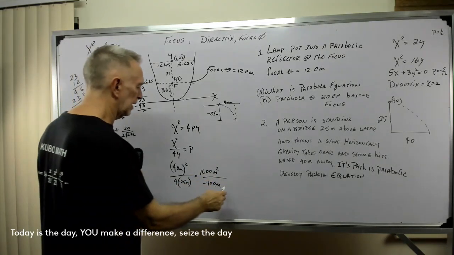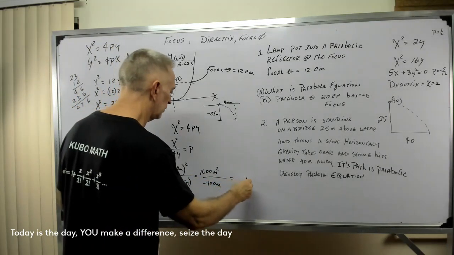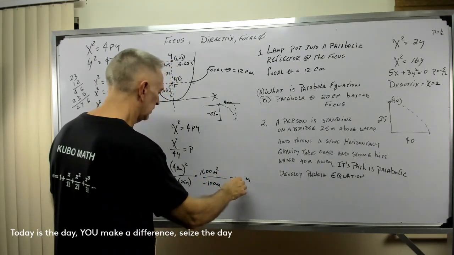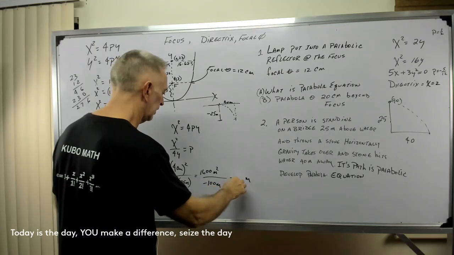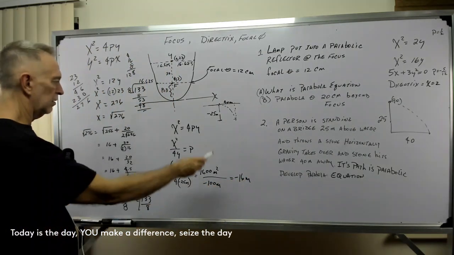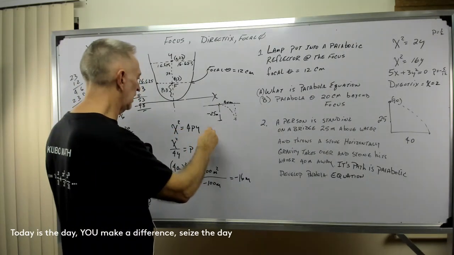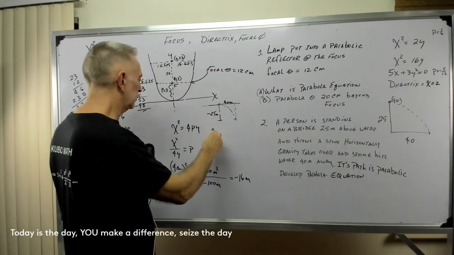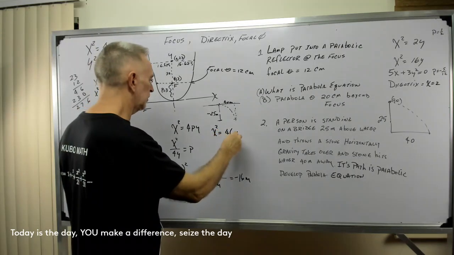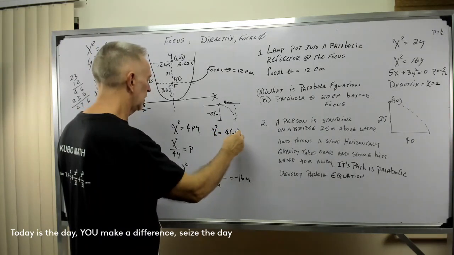Meters squared divided by meters gives me meters, which is good. 1600 divided by a negative 100 gives me a negative 16. So now, going back to this equation, I have x squared equals 4 times p, which is negative 16, y.